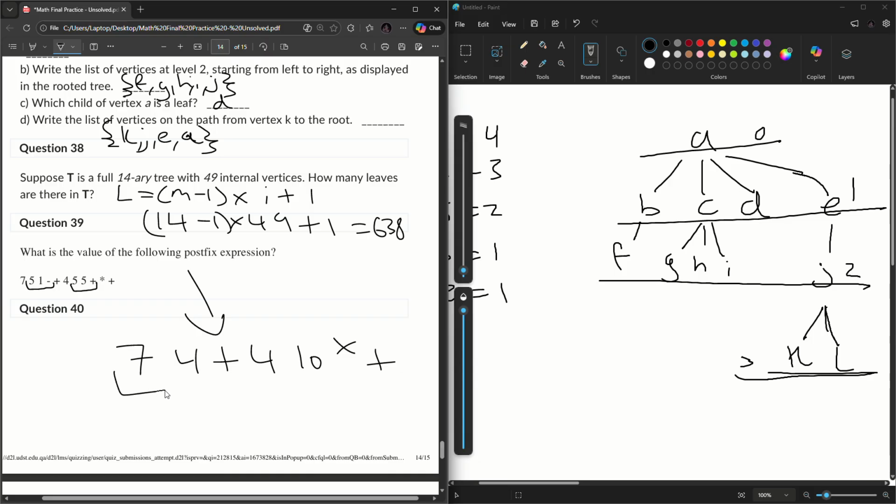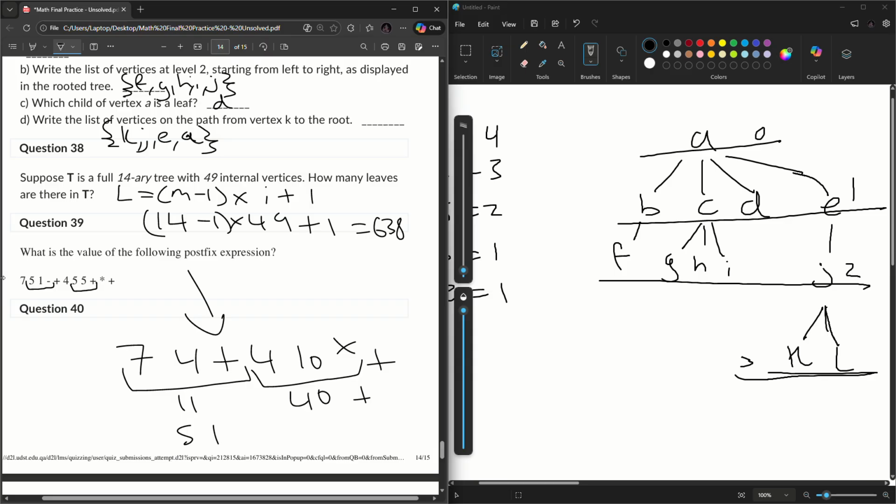So 7 4, 4 4 4 10, and then 7 plus 4 is 11 plus, and then there's 40 plus, which is now 51. Right? Simple. It's not that hard.